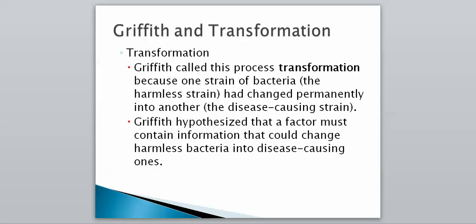To transform just means to change. Griffith hypothesized that a factor must contain information that could change harmless bacteria into disease-causing ones. But he didn't know what that factor was, or what the method was for harmless bacteria becoming harmful bacteria.